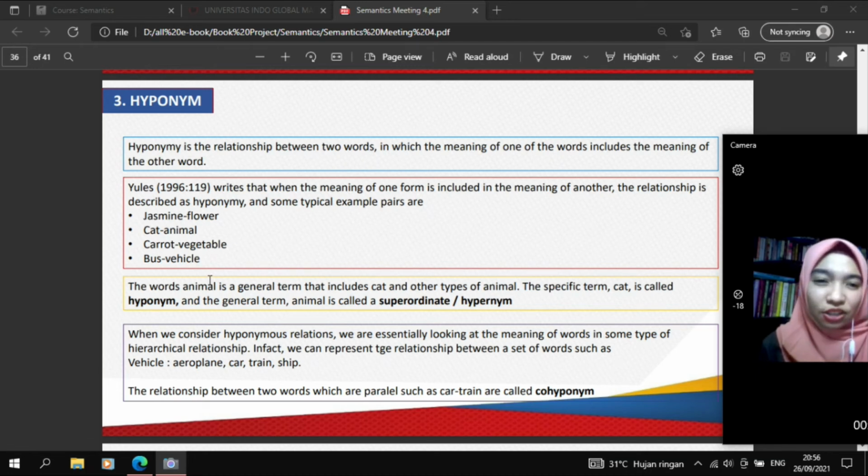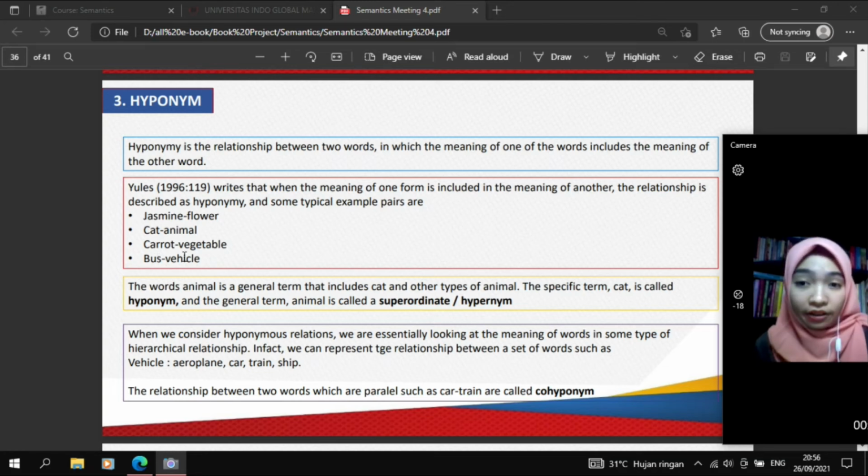To make it easy, actually, we can just say one of the words is an example, is part of the other word. So jasmine is part of flower. Cat is part of animal. Carrot is part of vegetables.